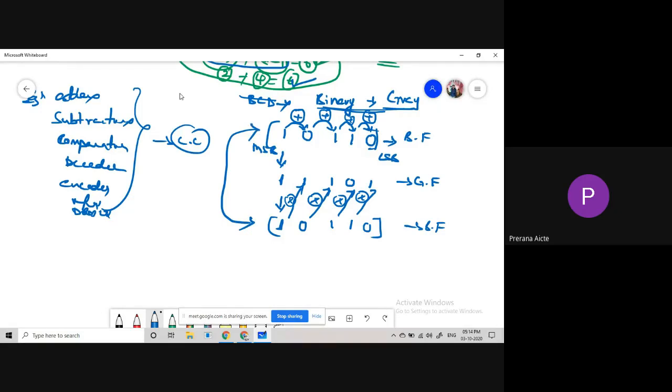So that's why gray code is also called reflective code. Already I said that. The other names of gray code are unit distance code and reflective code. Do you remember this point?